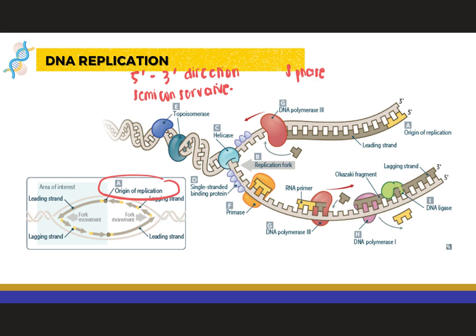You also have your replication fork. Your replication fork is a Y-shaped region along the DNA template where leading and lagging strands are being synthesized. We also have your helicase. So helicase unwinds the DNA template at your replication fork.